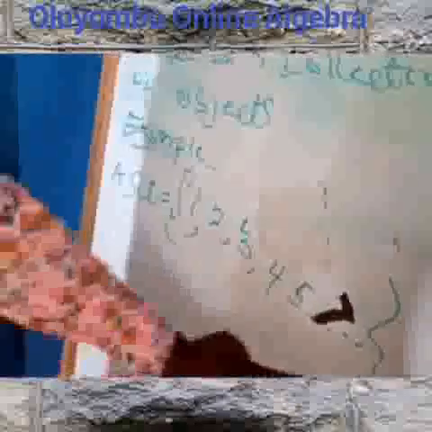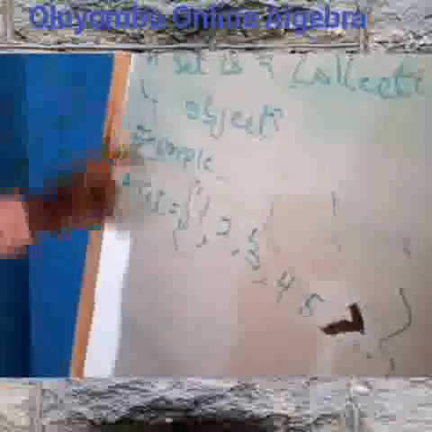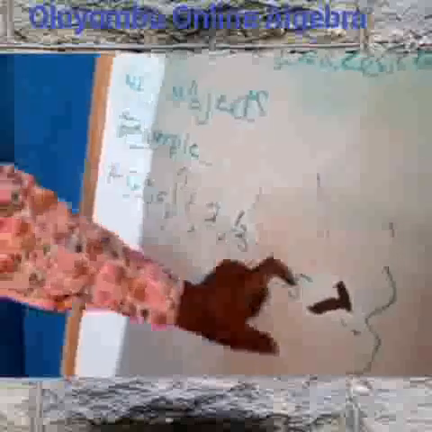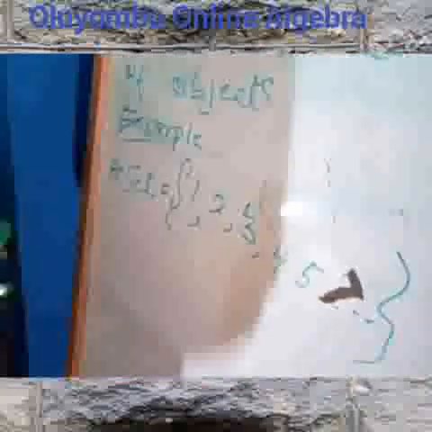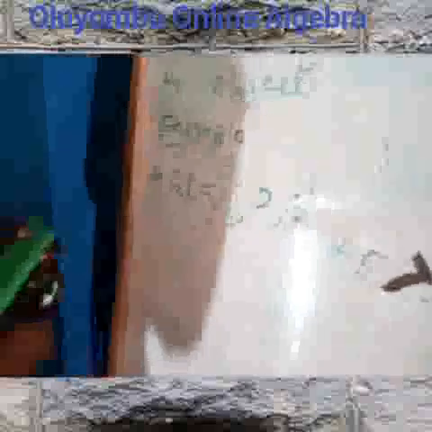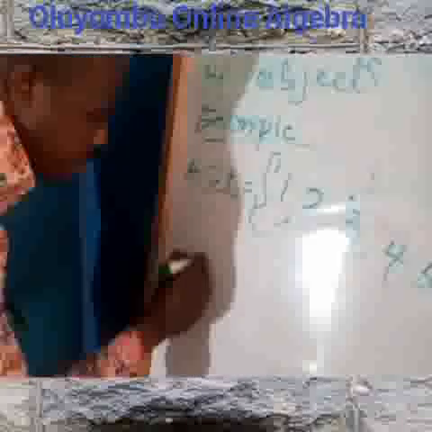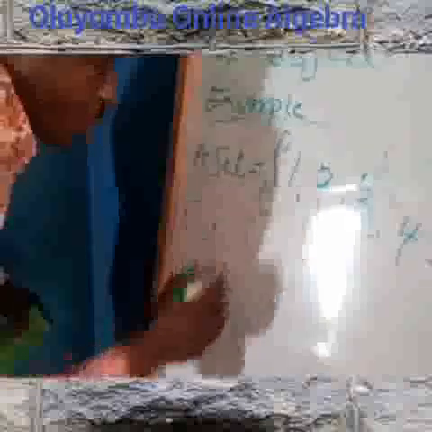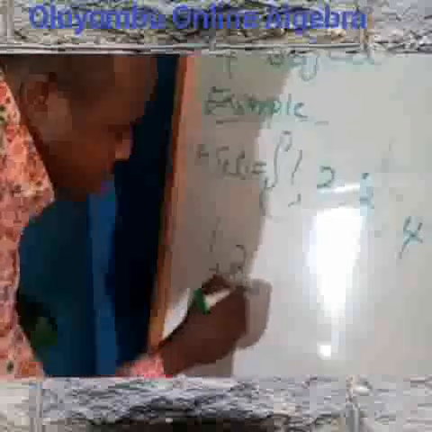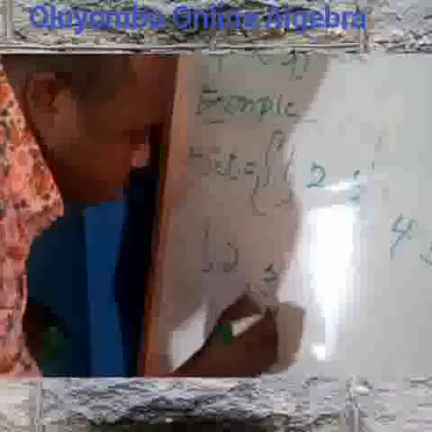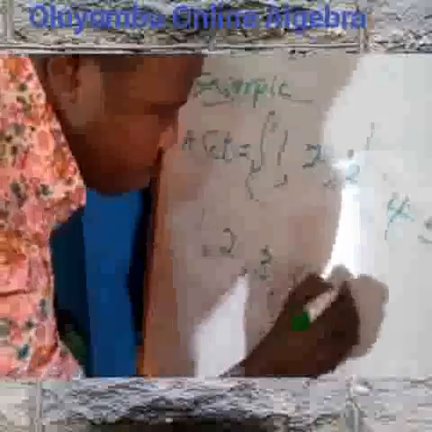Now this pair of braces that you see here describes the members of the set. And what are the members of the set? According to our example, the members of the set are 1, 2, 3, 4, and 5.